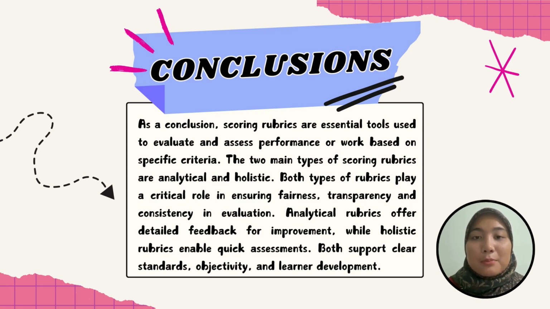Analytical rubrics provide detailed feedback and help learners understand their strengths and areas for improvement, while holistic rubrics are efficient for quick assessments. By using rubrics, educators, employers, and evaluators can maintain clear standards, promote objectivity, and support learners' development.